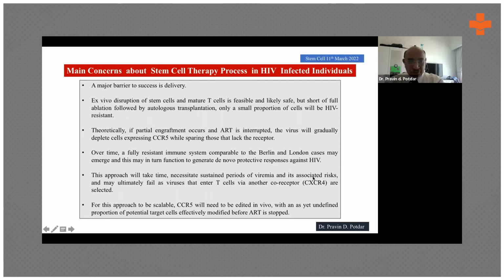There are two receptors, but this is not shown much in pictures. But of course, we have to see whether some of the patients go through this cycle. For this approach to be scalable, CCR5 will need to be edited in vivo, with an as yet undefined proportion of potential target cells effectively modified before ART stop. So this is the main thing.